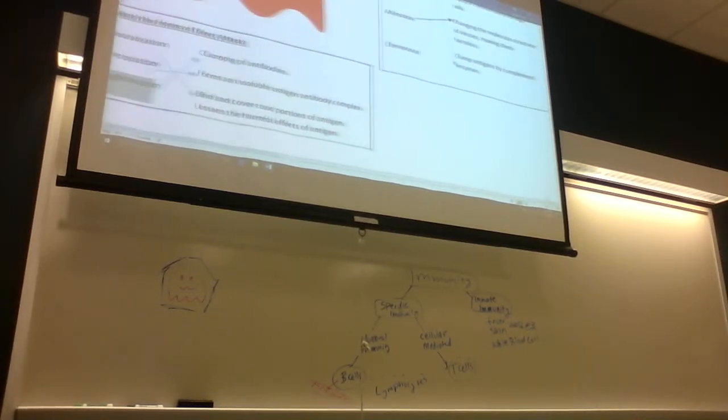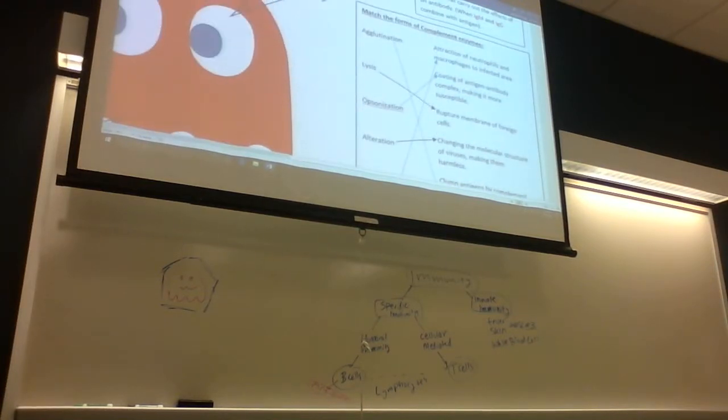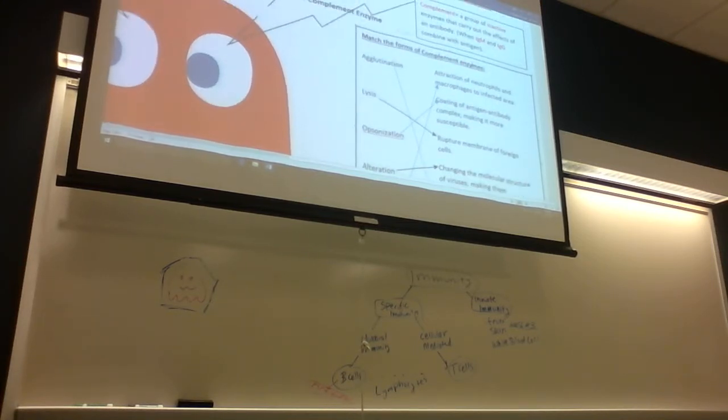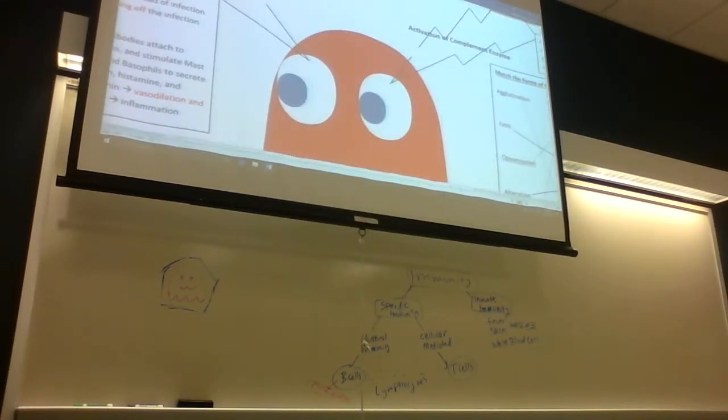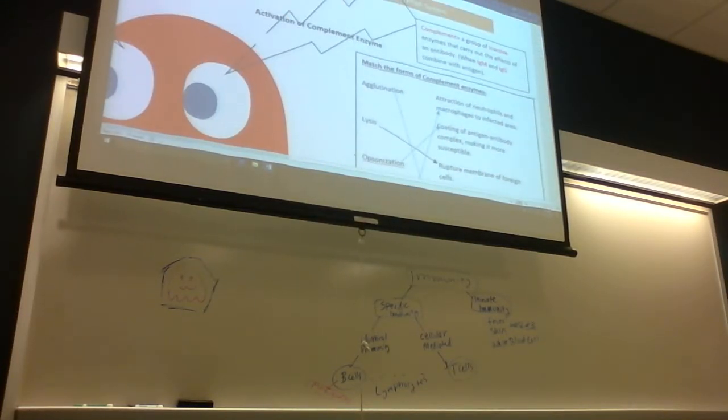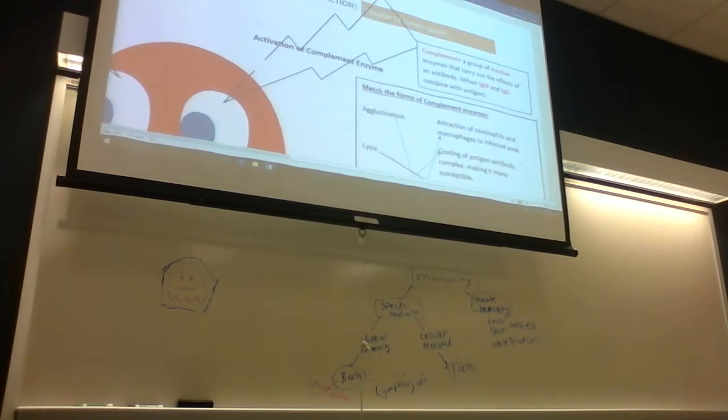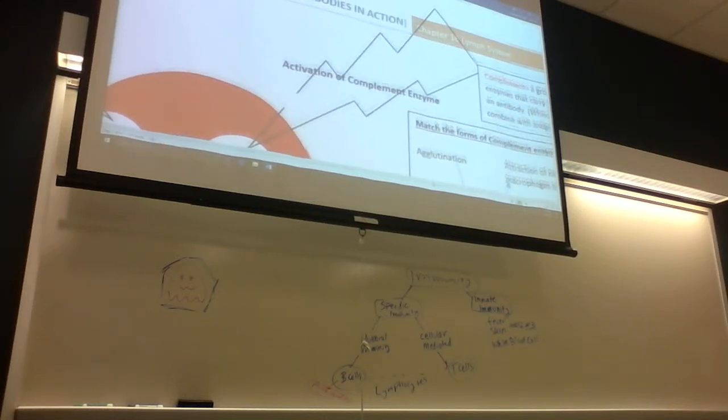Next, we have activation of complement. Now, complement, right here, complement enzyme, this is part of your innate immunity. This is your natural immunity. This is something everybody has. But the activation of it, putting it into action, making it work, depends on your specific immunity. So complement is, if I can zoom in a little more, because you don't need to worry about that.